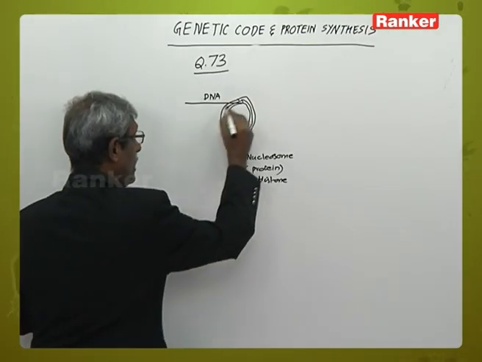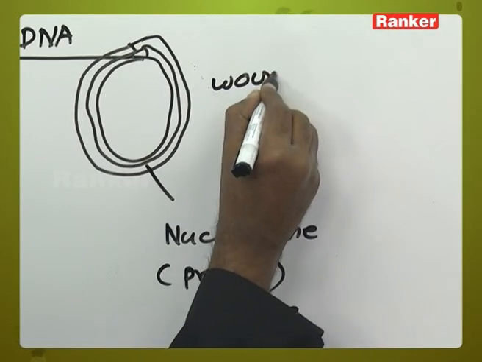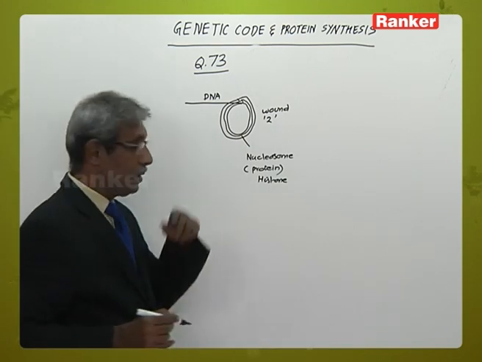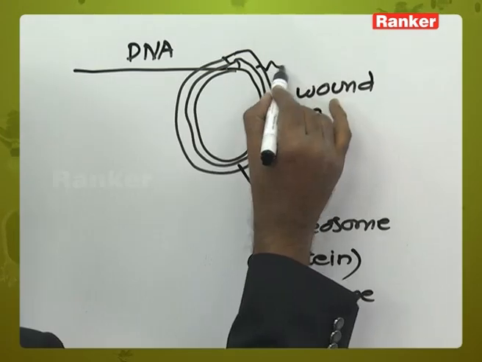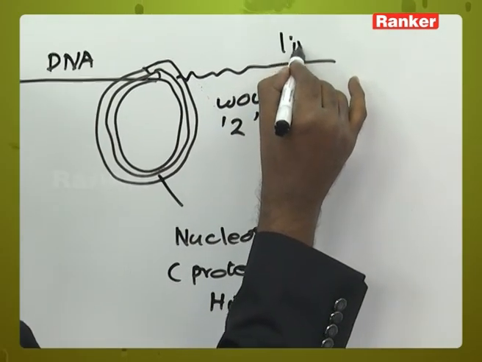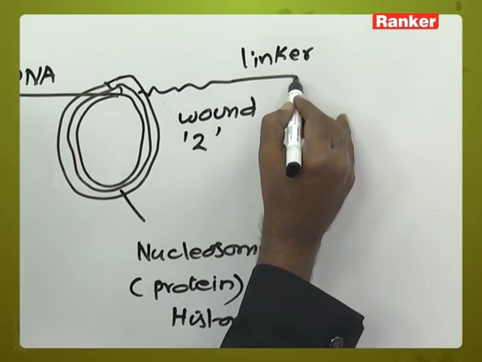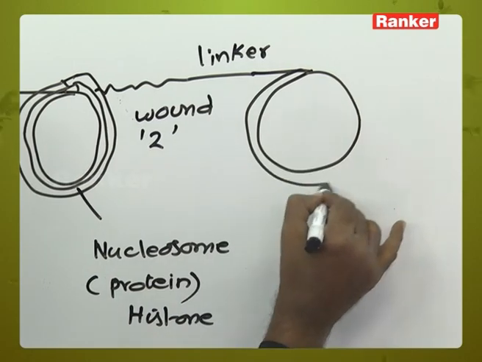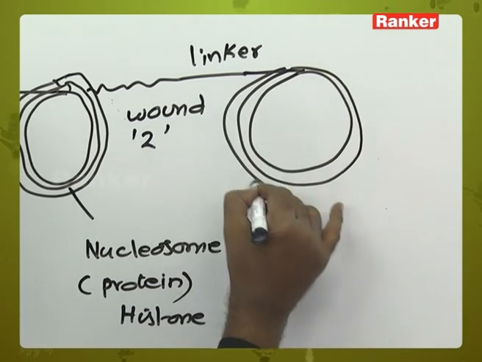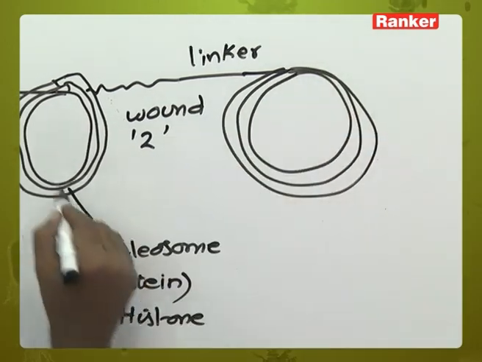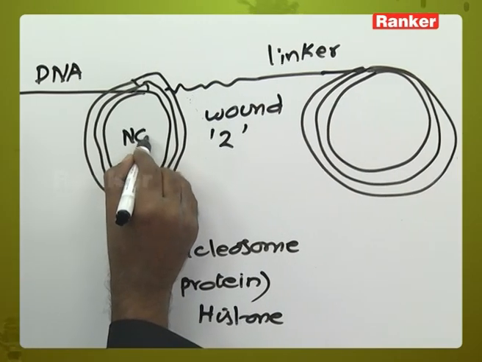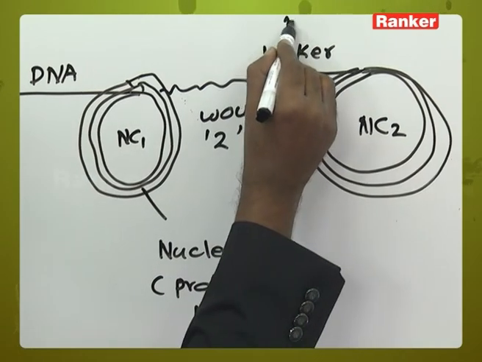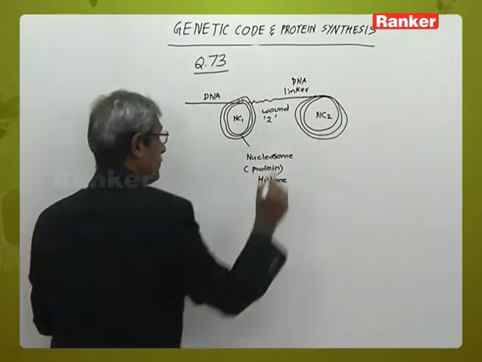The DNA is wound around it two times, and then there is a DNA linker. The linker joins another nucleosome. So, this is nucleosome 1, this is nucleosome 2, and the DNA acts like a linker.